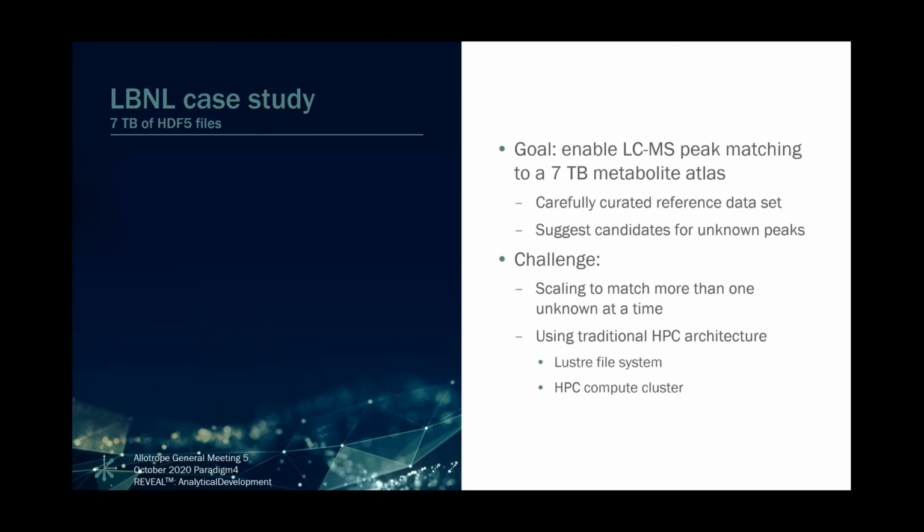And the challenge was actually scaling, because finding one match they had gotten relatively efficiently done with a massive computer cluster. And they were simply unable to do the matching for more than one unknown at a time.